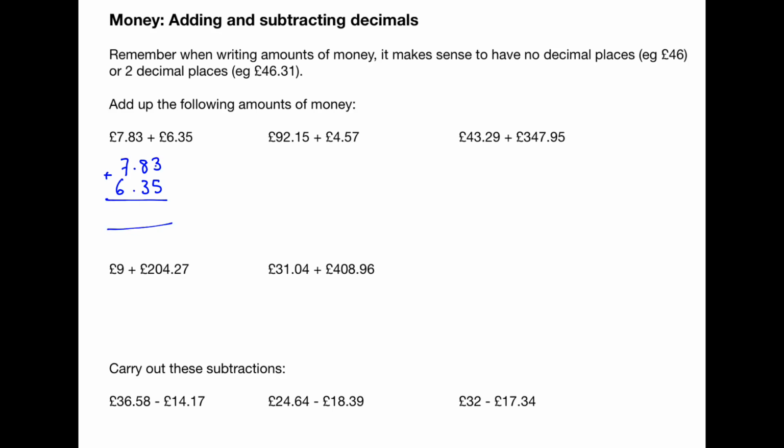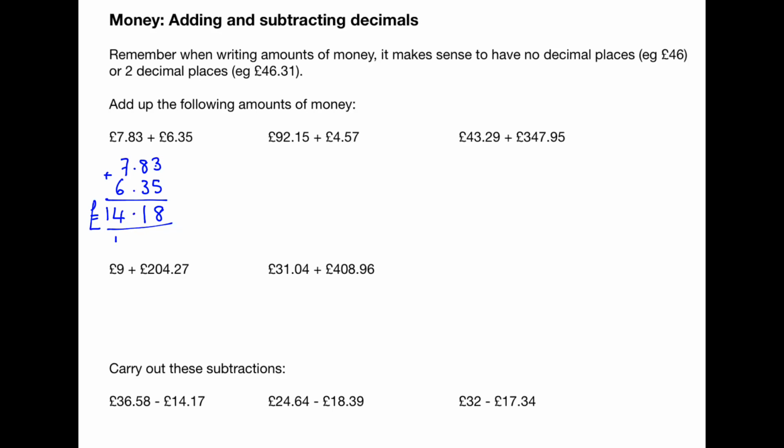And then, remember, start from the right hand side. So 3 add 5 is 8, 8 add 3 is 11. When we're adding and subtracting, we always keep our points in a line, so that's where it goes. 7 add 6 is 13, add the 1 makes 14. So altogether, don't forget the pound sign, our answer is £14.80.